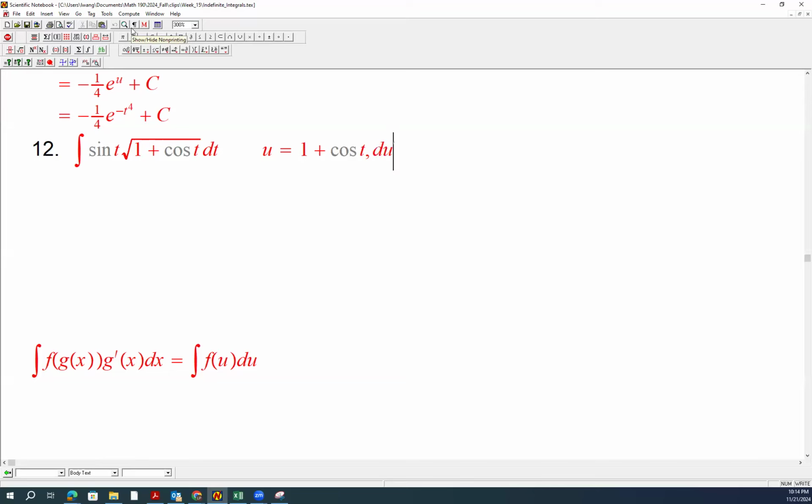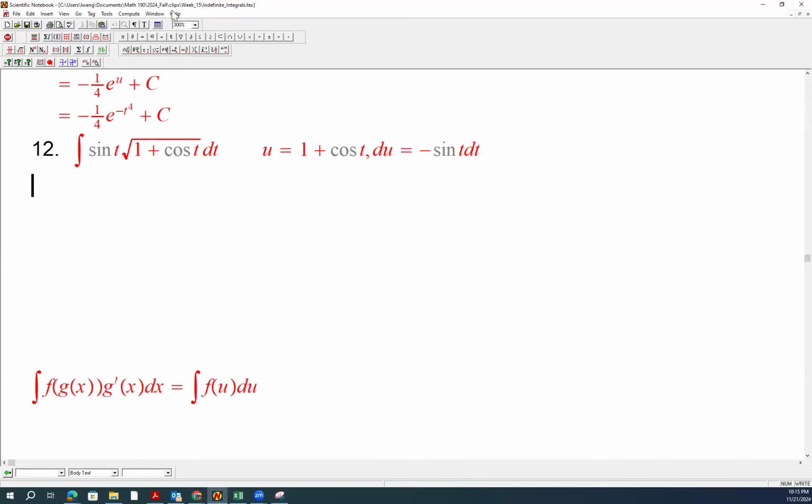So du equals negative sine t dt, right? The derivative of cosine t is negative sine t. And then substitute, okay? So we're going to bring this down.